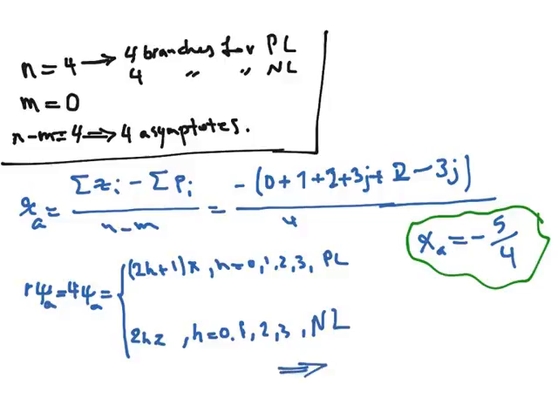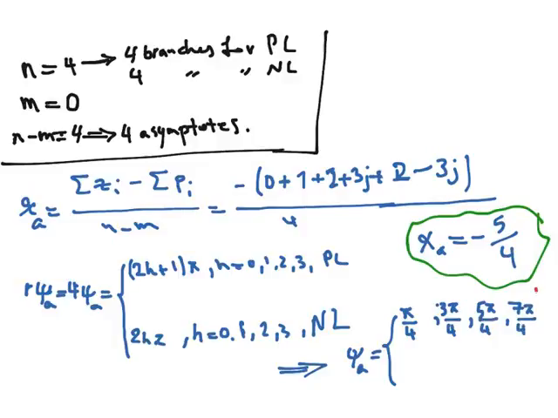If we put the values for h and divide everything by 4, we will have theta a equal to pi over 4, 3 pi over 4, 5 pi over 4, and 7 pi over 4.